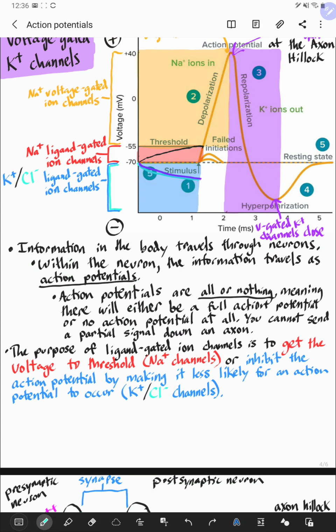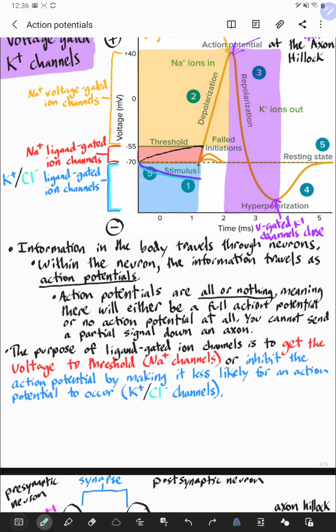Whenever chlorine enters the cell, it's less likely for an action potential to occur. Whenever potassium leaves the cell, it's less likely for an action potential to occur. And whenever sodium enters the cell, it's more likely that an action potential occurs. There's going to be some level of interaction between all of these, and the amount of each one that enters or leaves the cell plays a major role, but also the time that it happens.